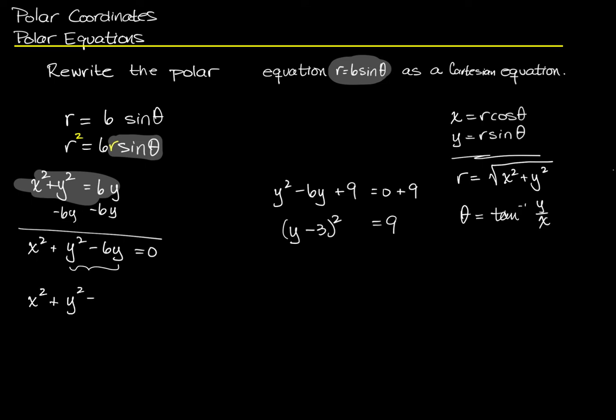So I have x squared plus y squared minus 6y equals 0, and I'm going to add 9 to both sides, factor just this into y minus 3 squared. I still have an x squared over here, and now my right-hand side is 9.